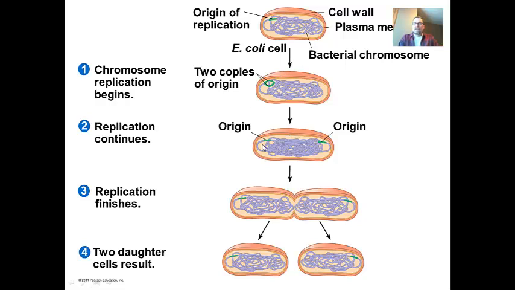And so really it just goes around the circle and spins off a copy of the circular DNA, with one origin on each side. It kind of migrates after you get this origin and you start copying it. It migrates, and your circles get on each side, and then it divides.